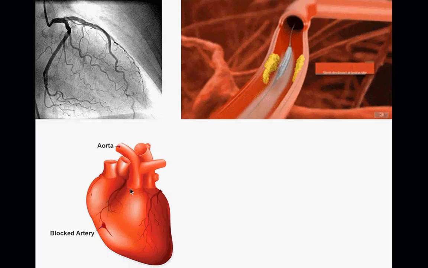It is very easy to dissect, and even when you take a considerable length of the vein, you will not have any valves in it. So it is easier for you to place it over here, and it is also nearly equal to the size of coronary arteries. So that graft is taken, and one end of the graft is put in the ascending aorta, and the other end is put distal to the blockade over here.